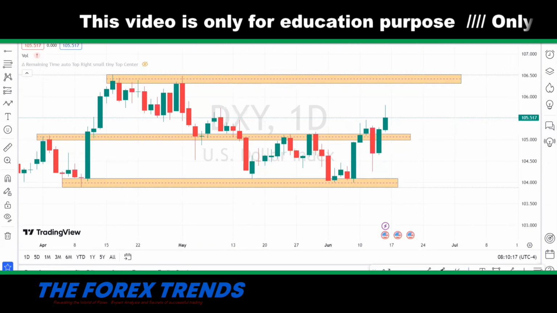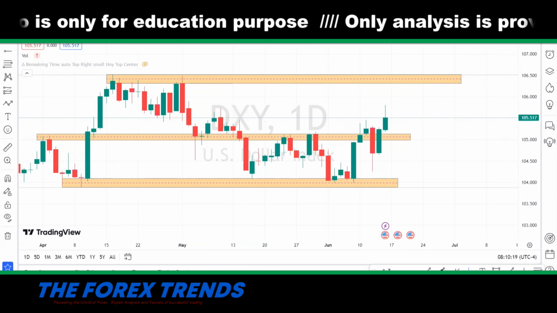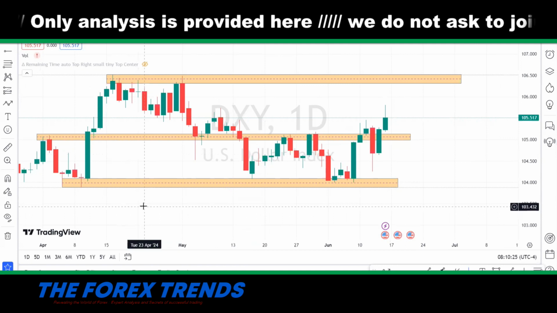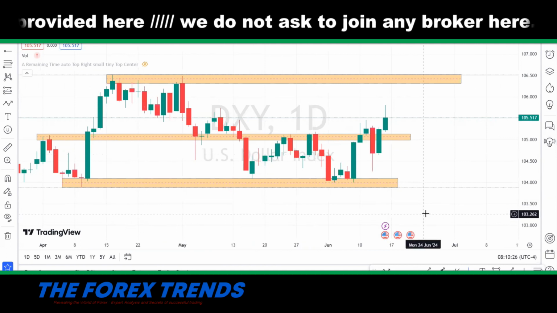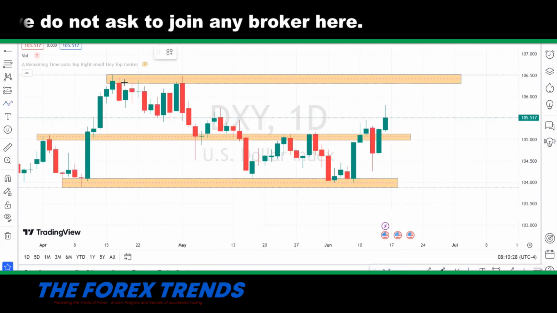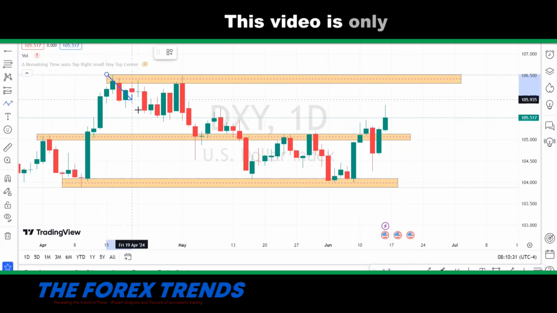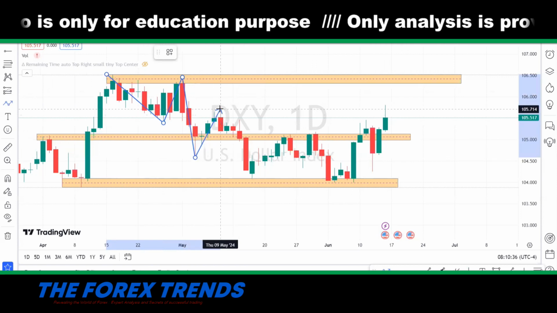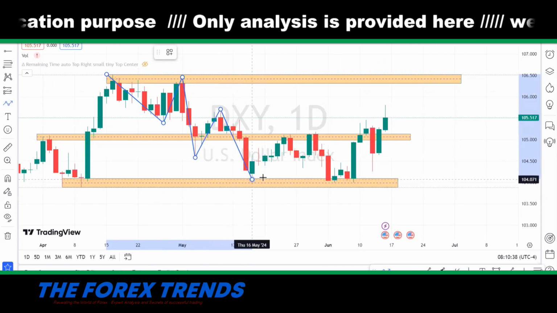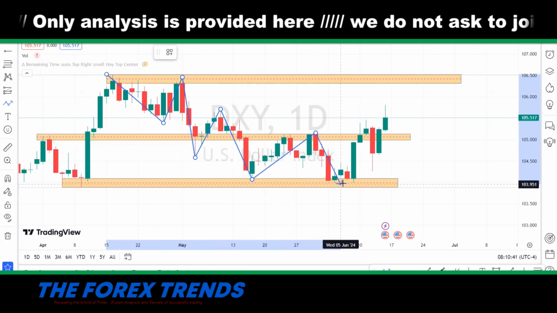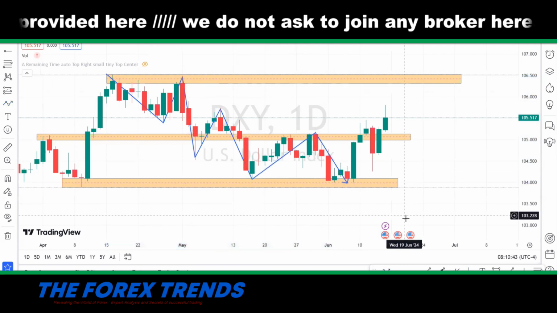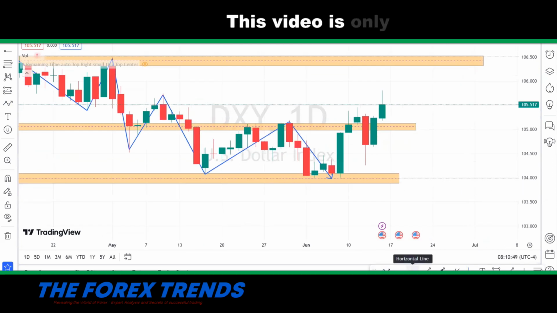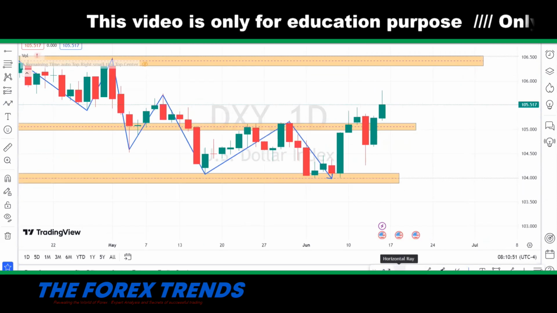Before starting the analysis, let's have a look at the DXY movement. It is the DXY chart for the day frame. As you can see, if I mark the structure in DXY, it was bearish in structure like this, after news of the Fed interest rate and Fed statement.